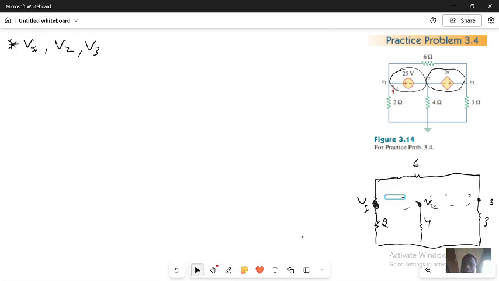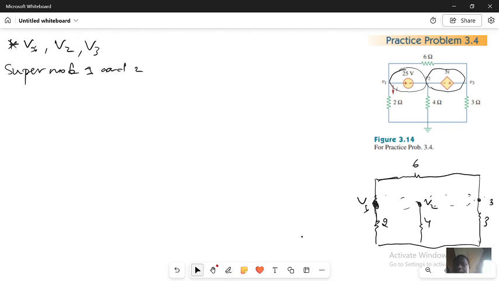So the first equation that we are going to see is in this supernode, which has the source, supernode 1, 2.